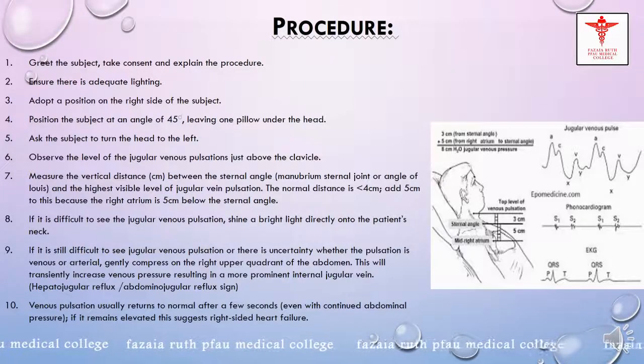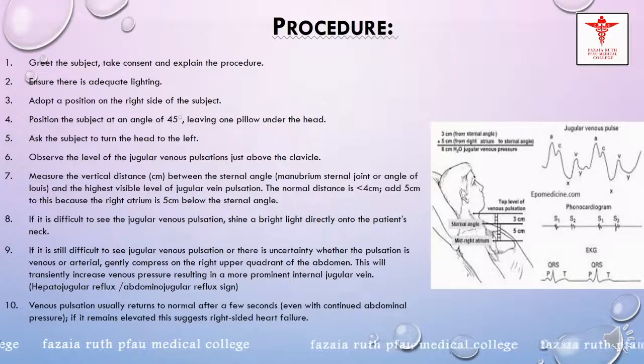This creates a pressure in the right atrium and then in the superior vena cava and then your internal jugular vein. And similarly, we feel the pulsation in the vein.